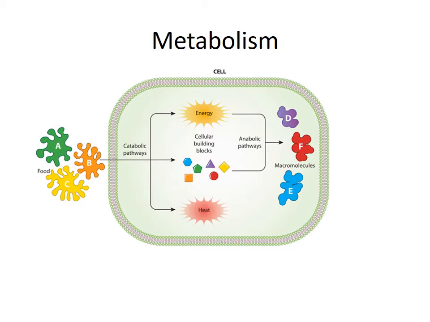That's a building pathway when we're putting small things together in order to build larger molecules, just like we did in class with the amino acids, and we made the big polypeptide. With the parts of the fat molecule, we made the triglycerides. With the carbohydrates, we took the two glucoses and we stuck them together and made a disaccharide. Our bodies do the same thing, and we're going to make up those larger macromolecules, D, F, and E, on the right-hand side of the diagram.